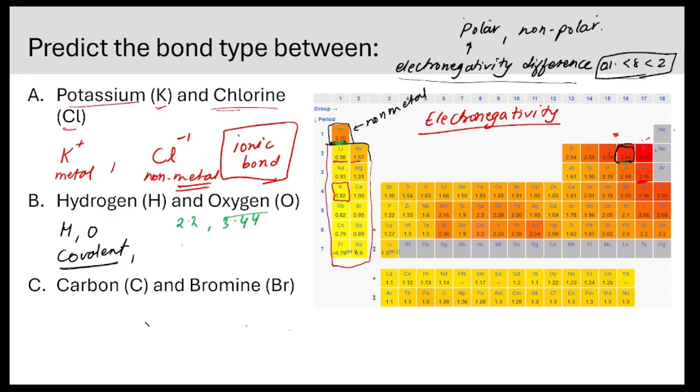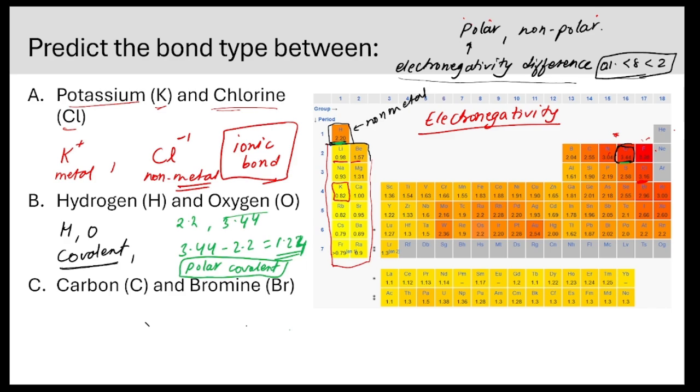The difference is 3.44 minus 2.2, which is 1.24. Sorry, this will be 1.24, not 1.22. That means this is polar covalent.